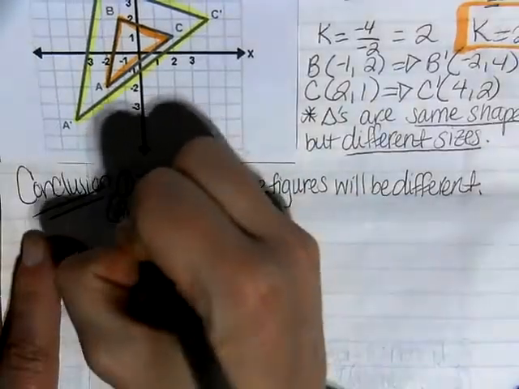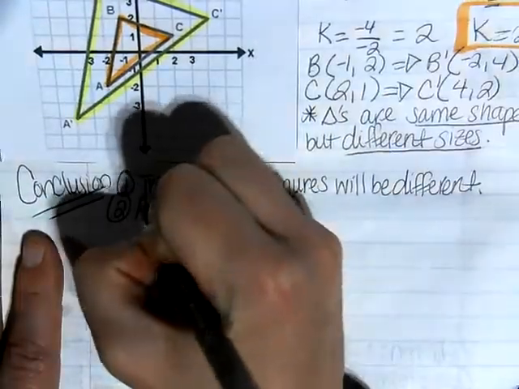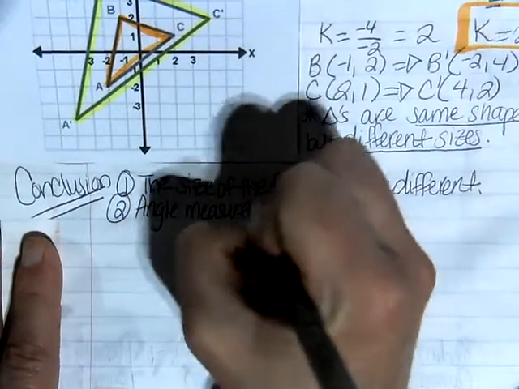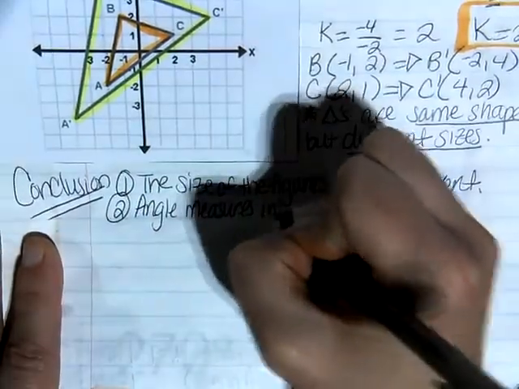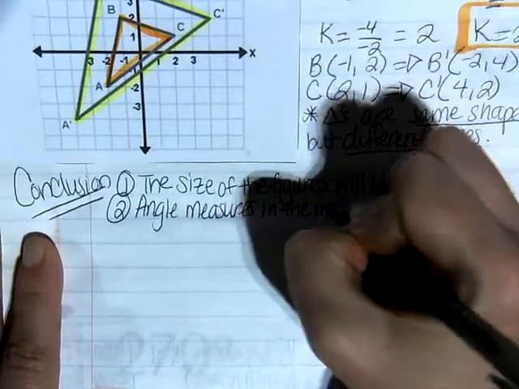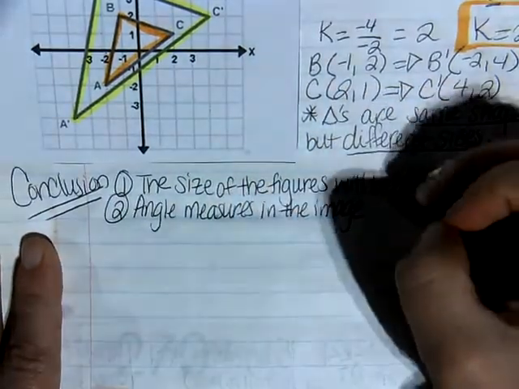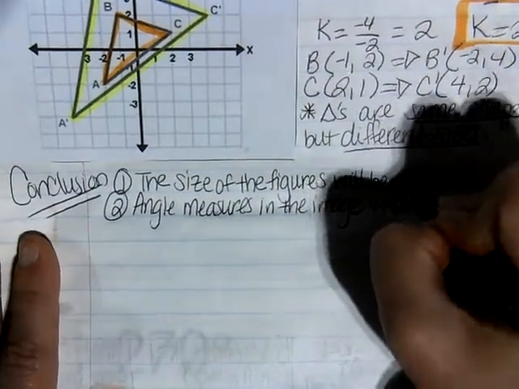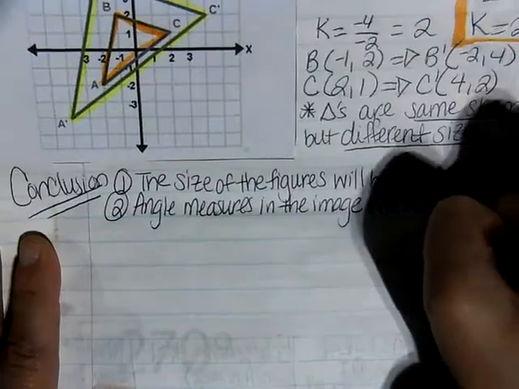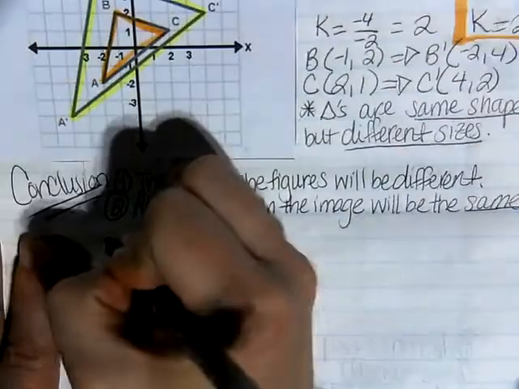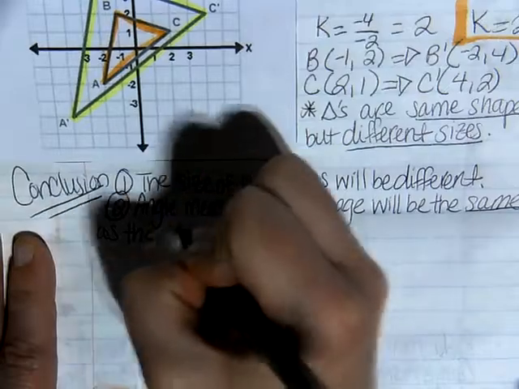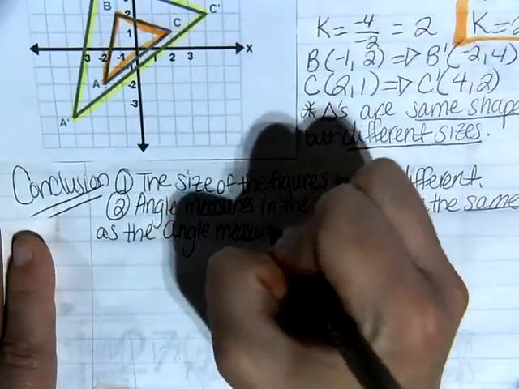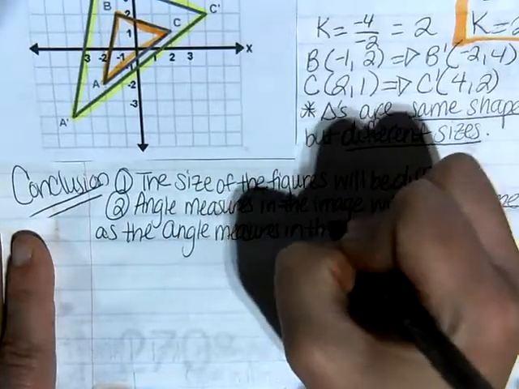Number 2, the angle measures in the image will be the same as the angle measures in the pre-image.